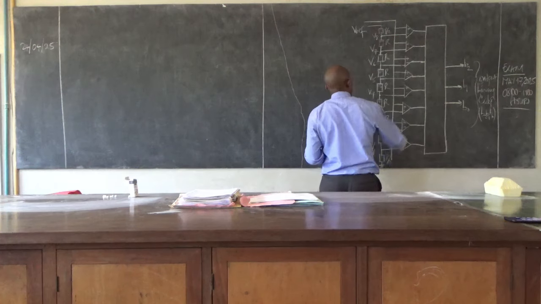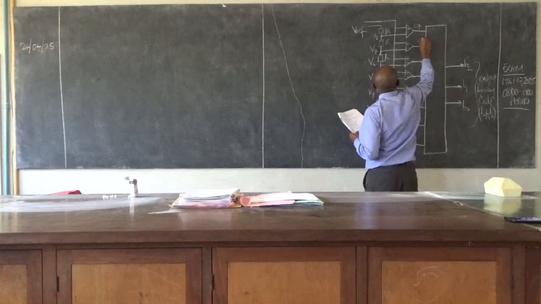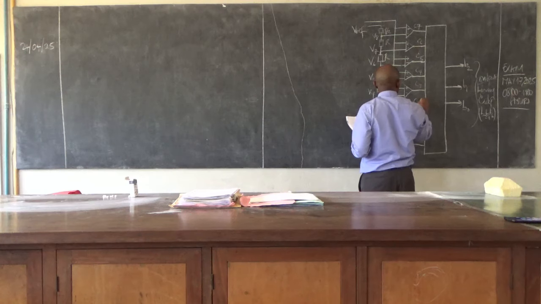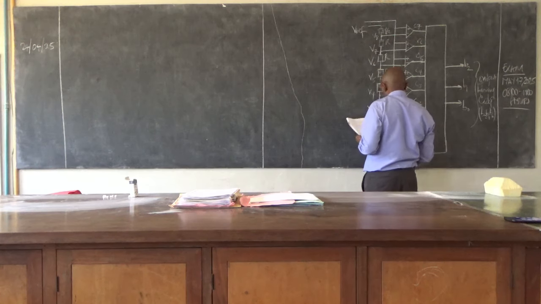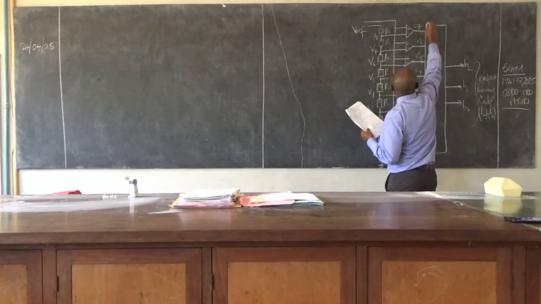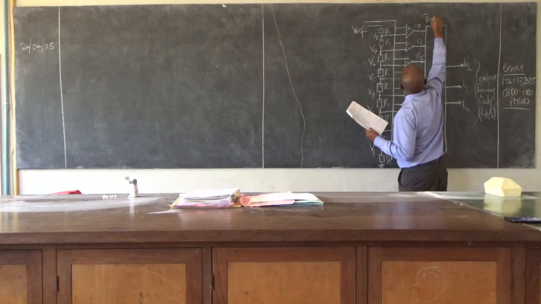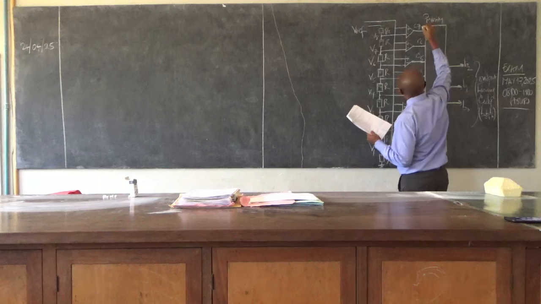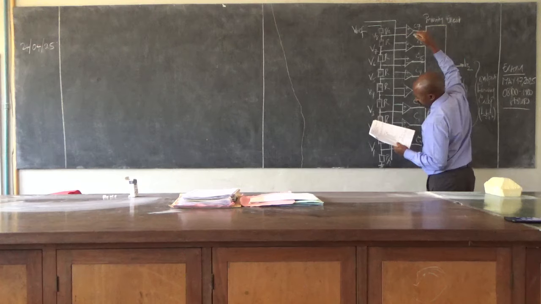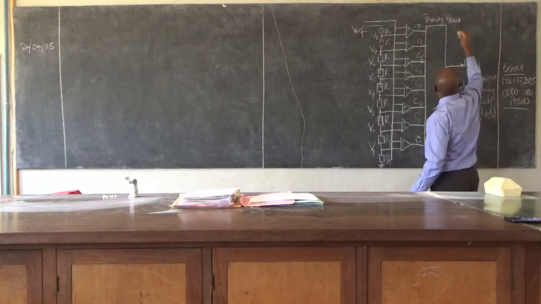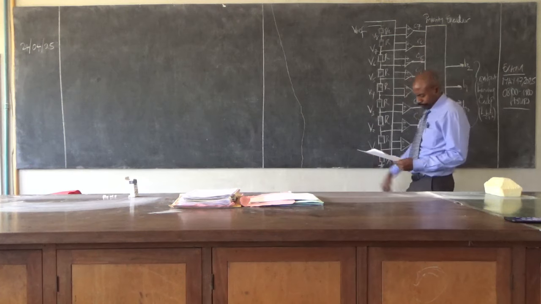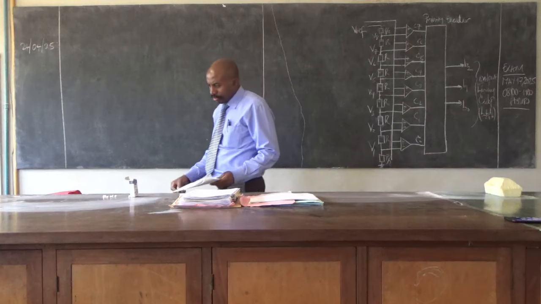This was comparator 7, comparator 6, comparator 5, comparator 4, comparator 3, comparator 2, comparator 1. And this was the priority encoder. Okay, so that's where we stopped at.